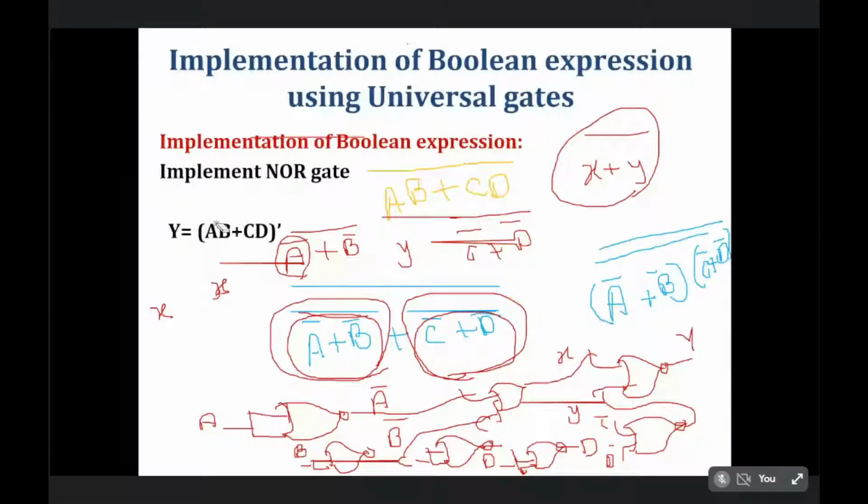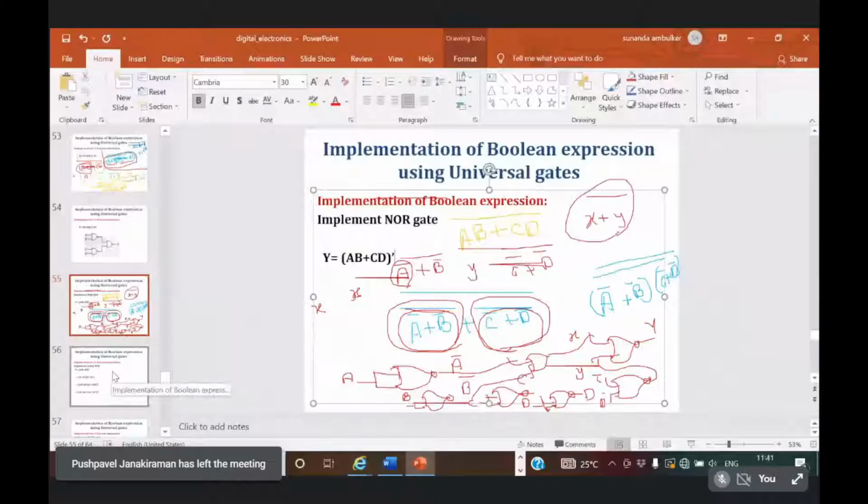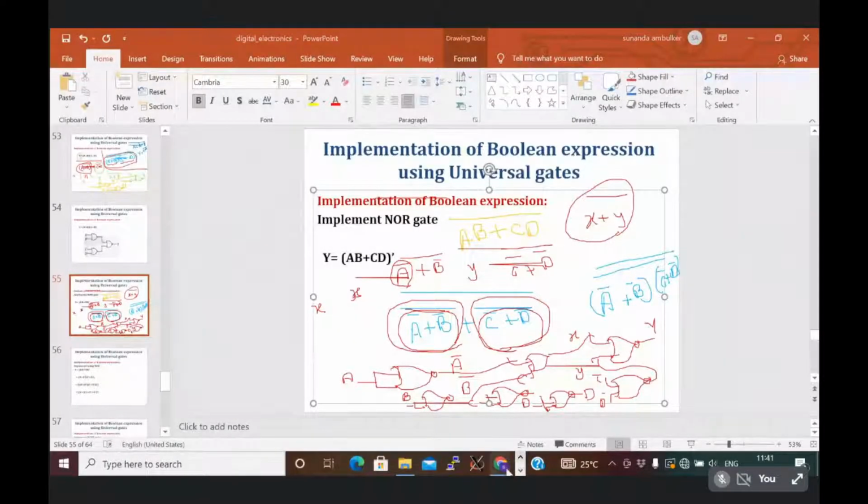Can you try to implement the same expression with the use of NAND gate? This is a NOR implementation. Is it clear to everyone? Any doubt? How we are minimizing this thing?